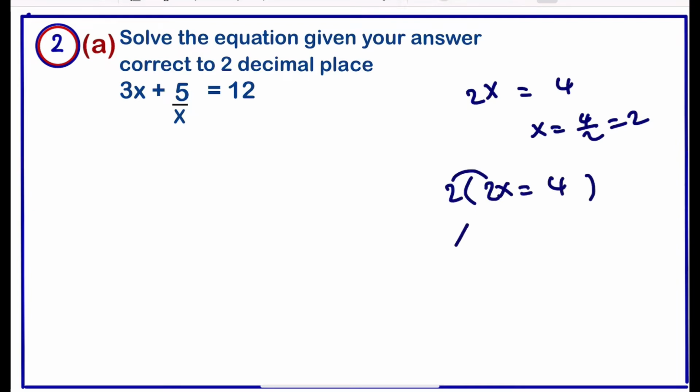So here we are going to have 4x equals to 8. So if we divide, x is still the same. So when we multiply an equation with any number, it remains the same. So that is the first thing we ought to know.